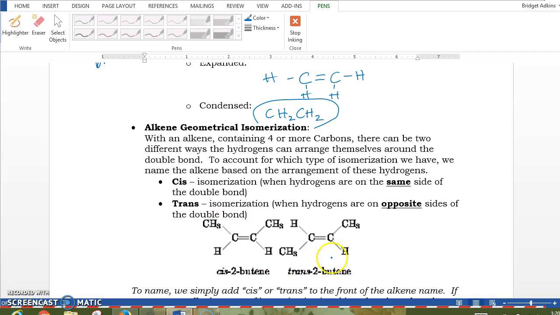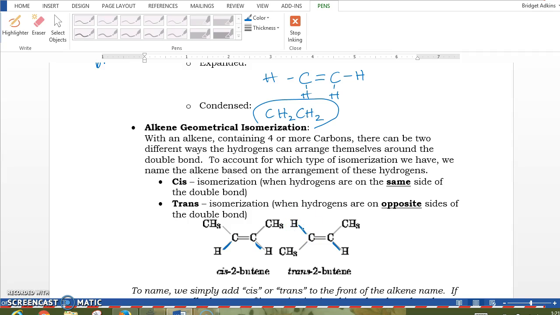These are kind of zigzaggy chains of hydrocarbons. If you look at this double bond, the hydrogens are coming off the same side. And then if you look at this one, you see one hydrogen is coming down and one is coming up.